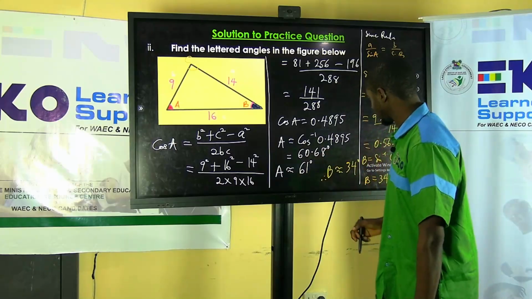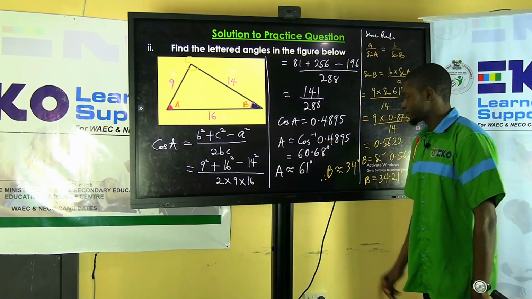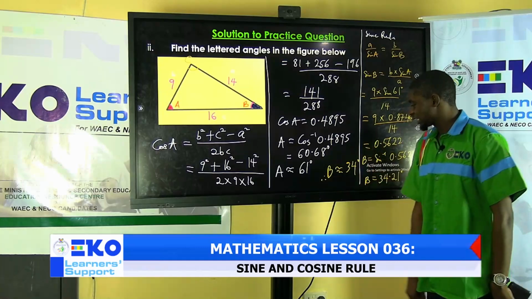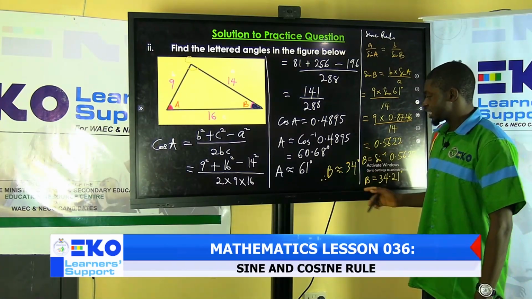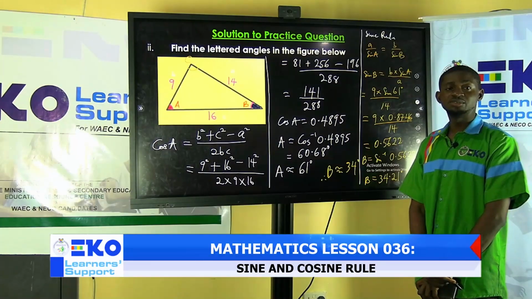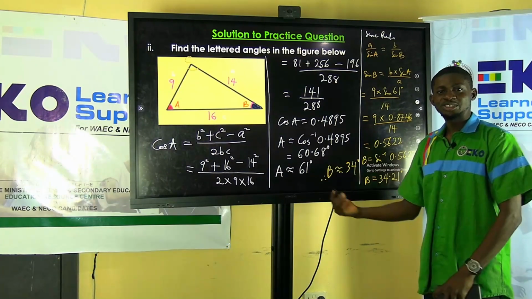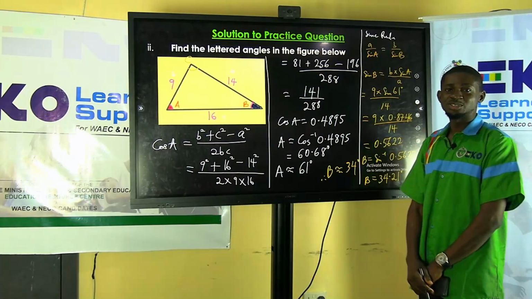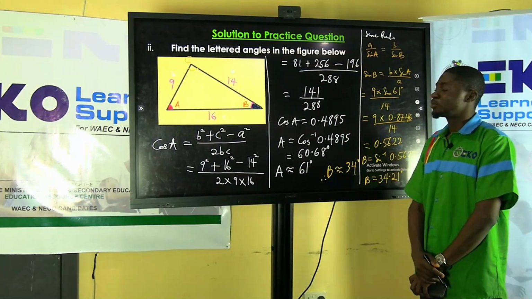So let's confirm. Out of 180, someone has taken 61 degrees, another person has taken 34 degrees. Add it together. That's 95 degrees. So we still have something huge. That's 85 for angle C to take. That confirms that we are right.